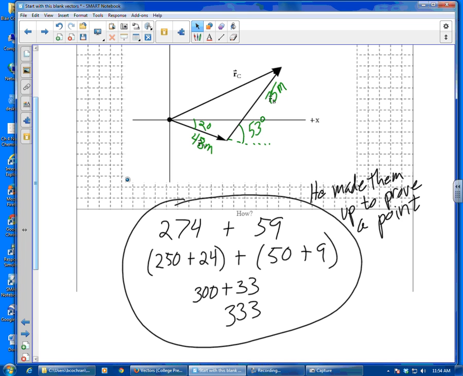But it's an example of what we're going to do with the vectors. We're going to take the vectors, break them into parts, like I broke the numbers into parts, add the parts, and then get the whole number back. That's the idea. That's why I did this as a simple example of what we're going to do with vectors. That's the whole idea behind this black thing that I made up to prove a point. And it didn't work. And I learned that, and I'll never do it again, I promise.